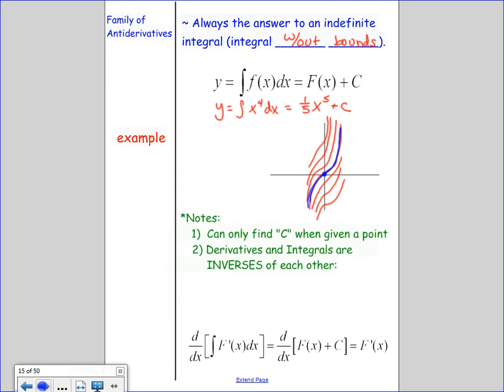You can only find C, aka I can only define it to be one specific one, when given a point. And I'm going to label it because we're going to be plugging that point, that x, y, in to find the C. And that's only when they give it to us. Sometimes it's just going to be the general antiderivative, which stands for the whole family.